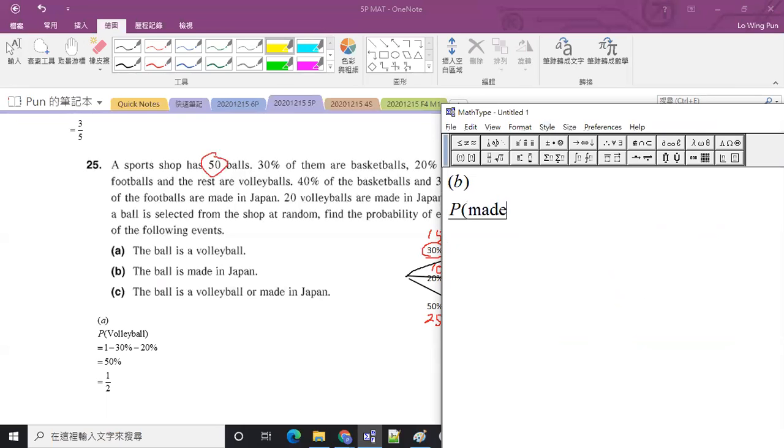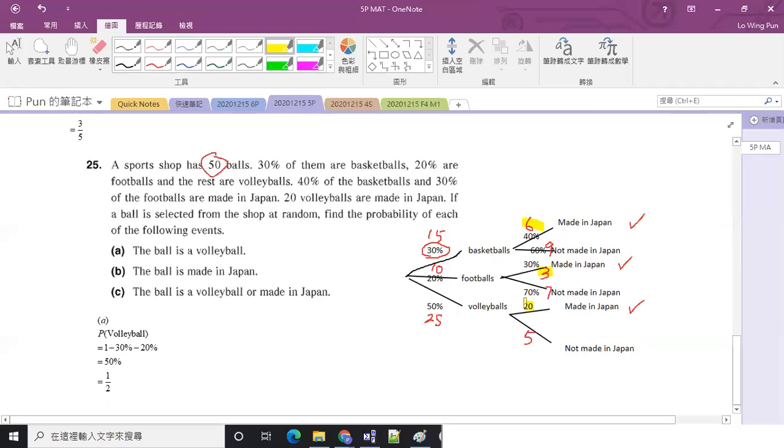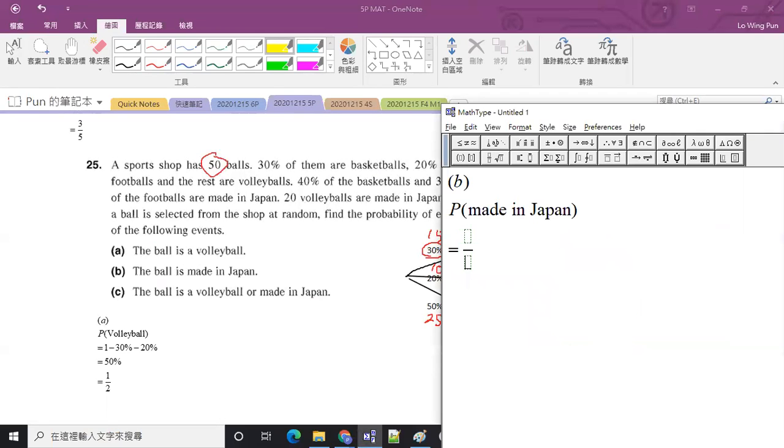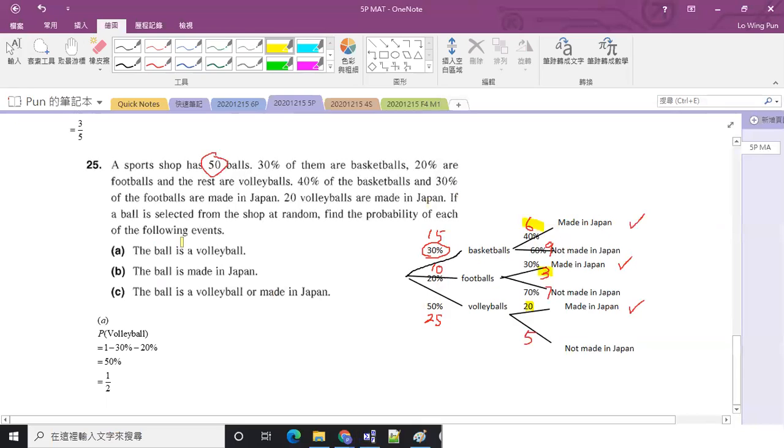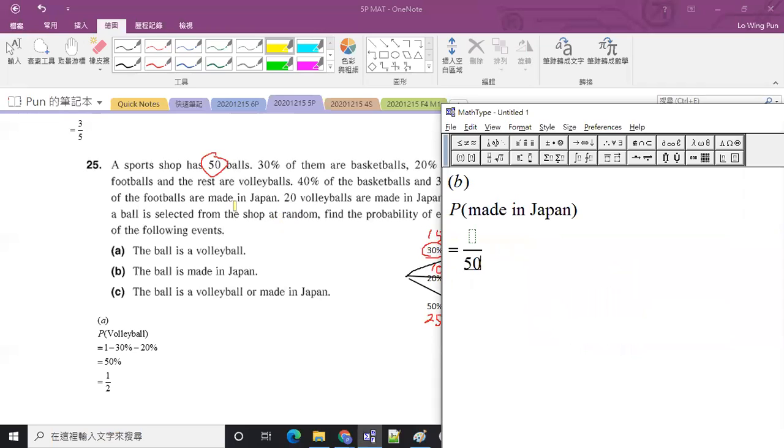OK, 所以 part B，P made in Japan。今次我哋要自己數嘅話，我哋就要用個 probability 啦。Total 我哋有幾多個可能性啊？佢話 if a ball is selected from the shop at random，喺嗰個 shop 裏邊抽一個波出嚟，咁即係有50個選擇咯，係嘛？So the denominator should be equal to 50.